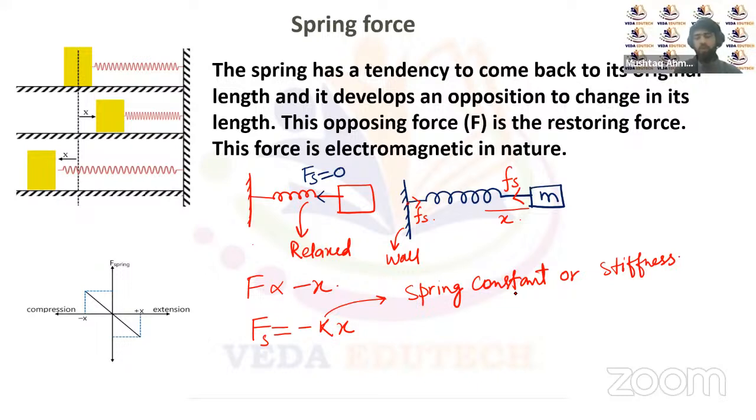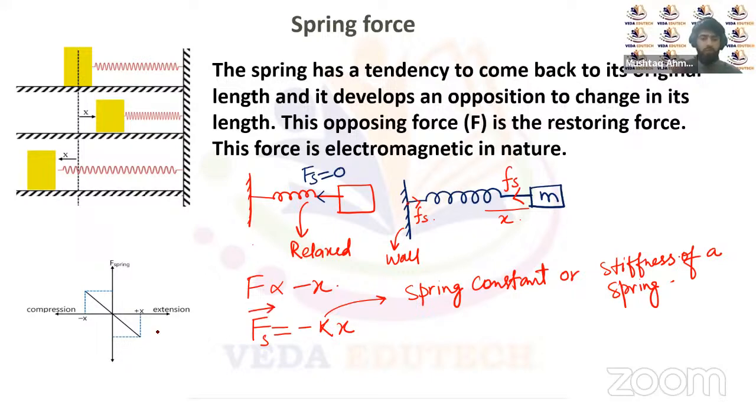If the spring constant is less, then it will be very easy for us to extend a spring by a small extension. So k is the spring constant or stiffness of a spring, and the direction of this spring force is always opposite to the direction of the extension or the compression. So this is the value of the spring force.